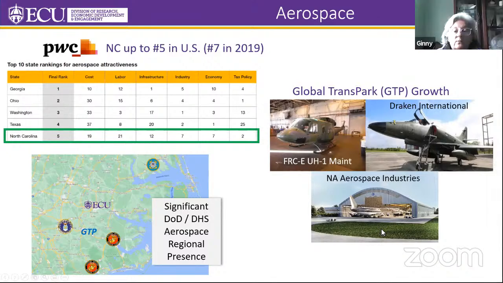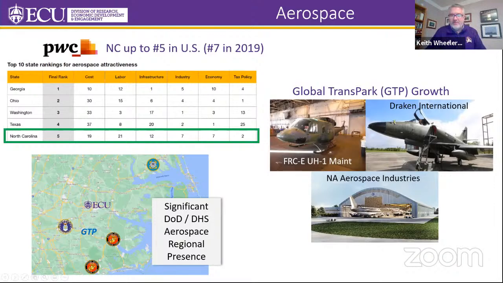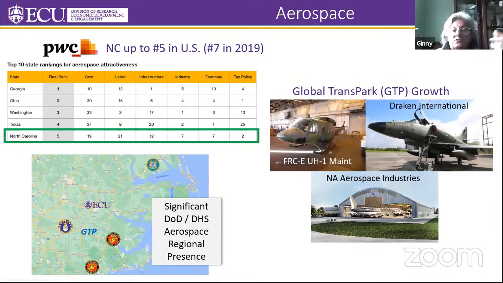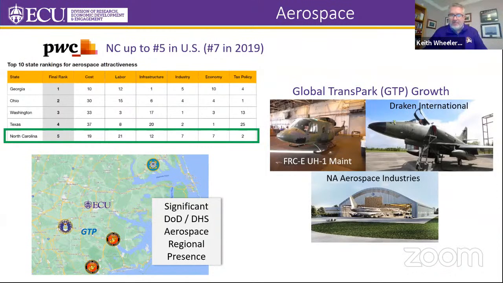Just regular jets, 777s. They would make their last flight into Kinston, and then they would start at one end of this hangar, and as they get through, they get parted out. There are massive opportunities.